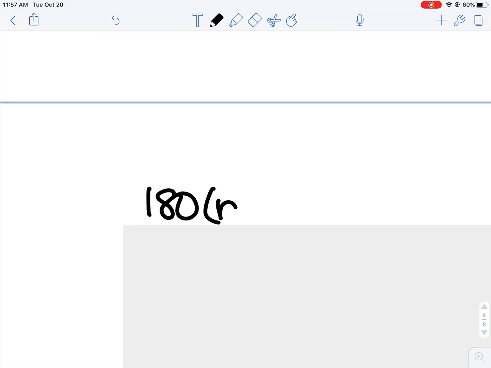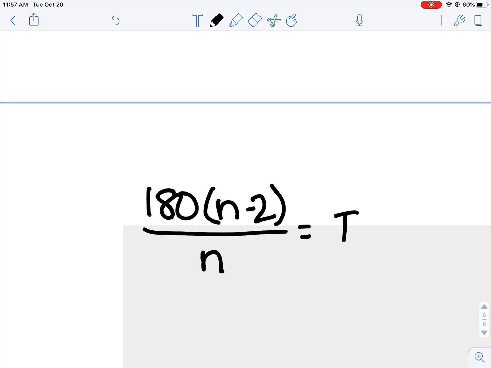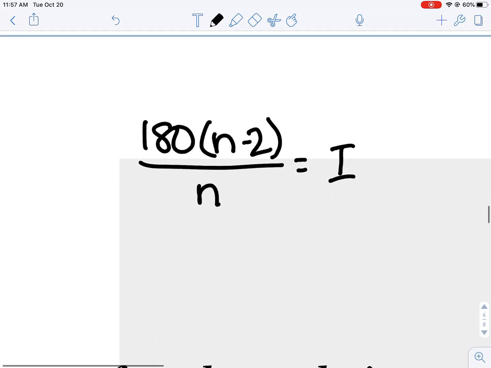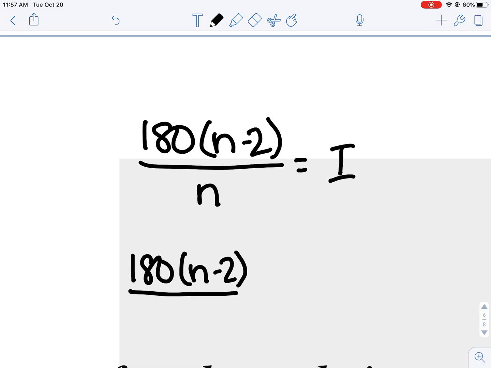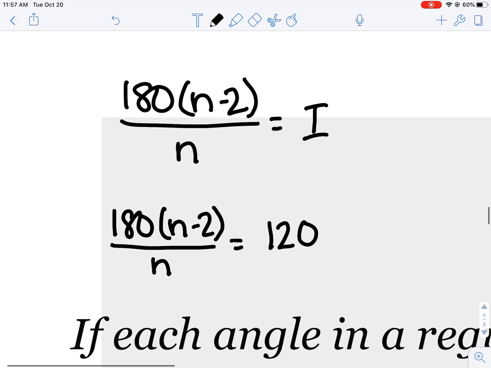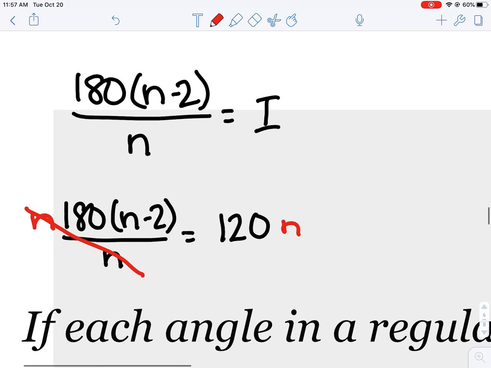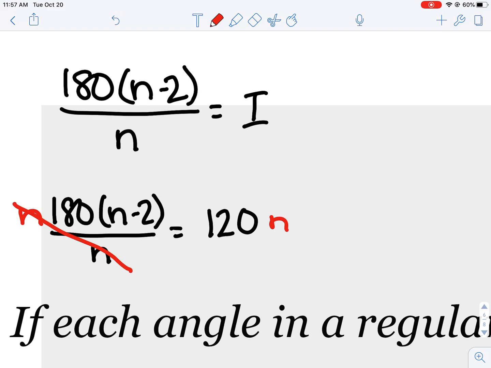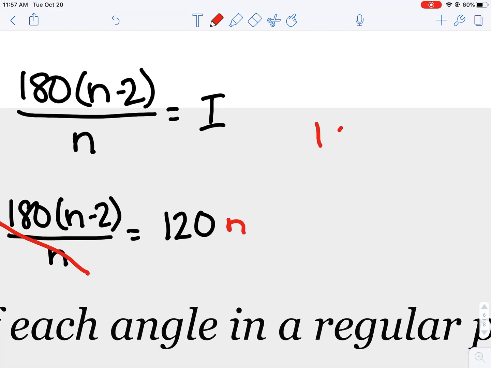So I'm starting with that new formula we just found, 180 times n minus 2 over n equals 1 interior angle. And I know my interior angle is 120, so I'm going to do 180 times n minus 2 over n equals 120. I'm going to multiply by n on each side because that'll clear that fraction. And then I'm going to go ahead and distribute my 180.